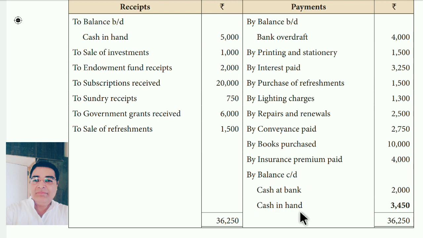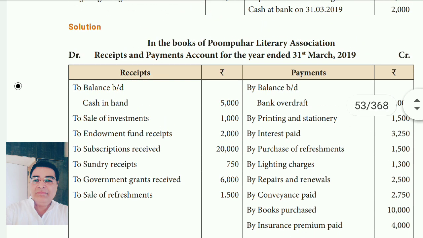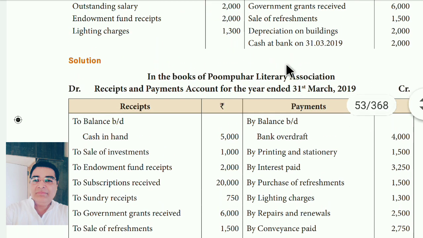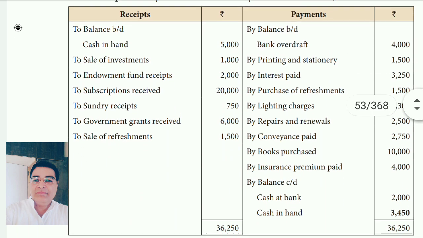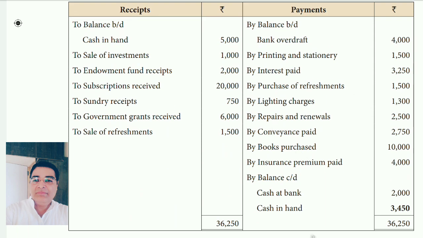This is cash in hand, the closing cash balance, because cash at bank is already given in the question. Cash at bank 2000 is given, so you have to find out cash in hand as the balancing figure. So cash in hand is 3,450. Understand? Very good.